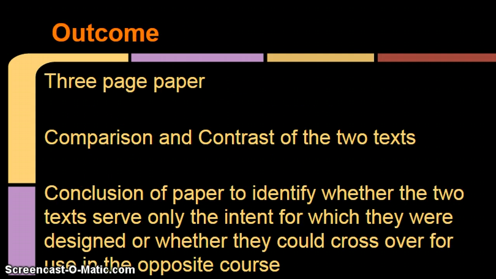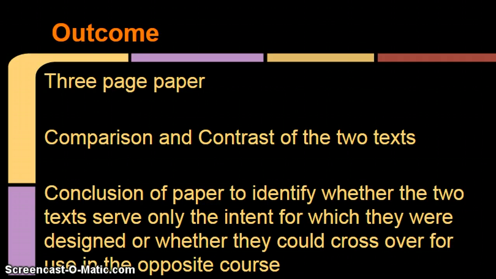The outcome of this project will be a 3-page paper where you will write a comparison and contrast of the two texts. Again, the text designed for a language other than English course, that's more of a foreign language approach, compared to a text that is designed for a heritage language or native speakers course in that language other than English.